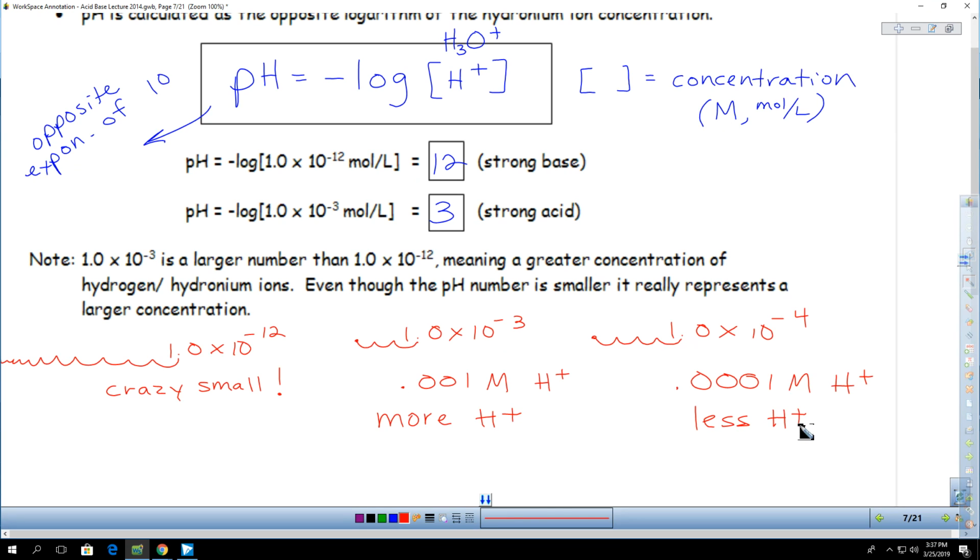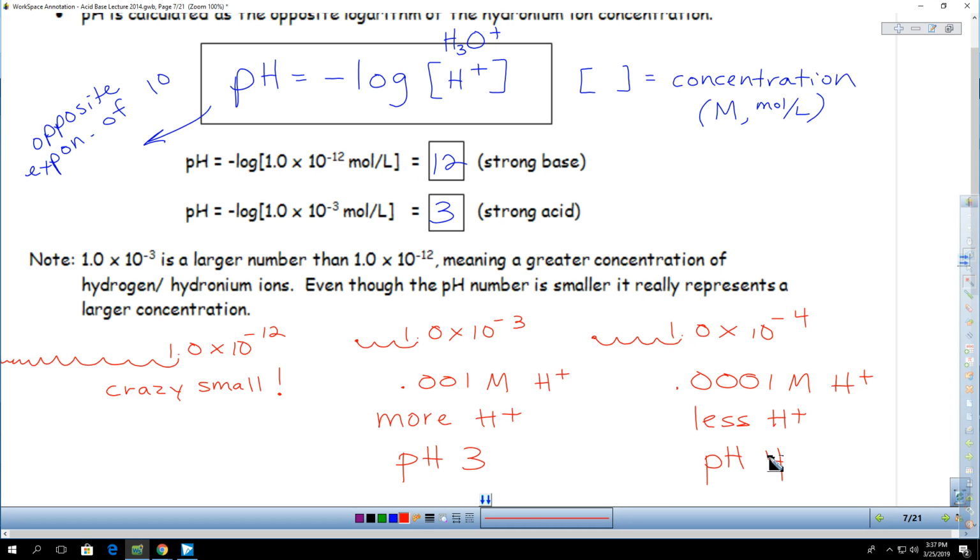So when they ask me which is more acidic, people always want to say, hey, it's this guy. This is pH 3, and this is going to be pH 4. And they want to say that the pH 4 is more acidic because the number is higher. But we have to remember where that pH number is coming from. It's coming from a negative exponent of 10.